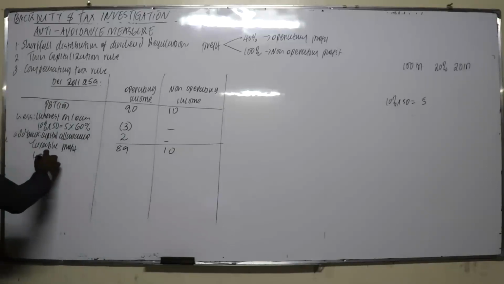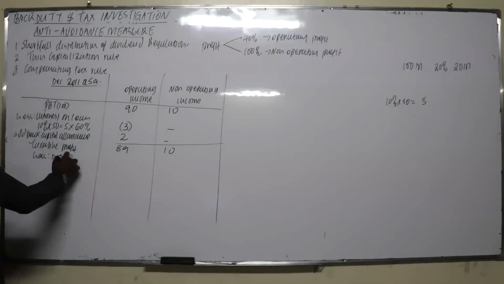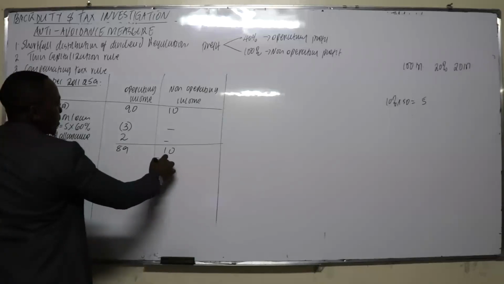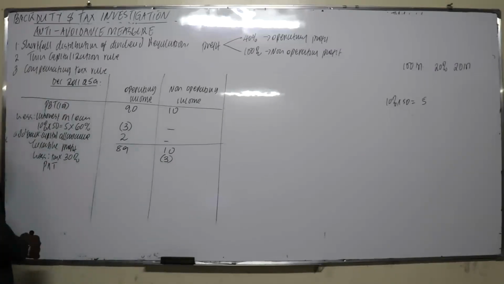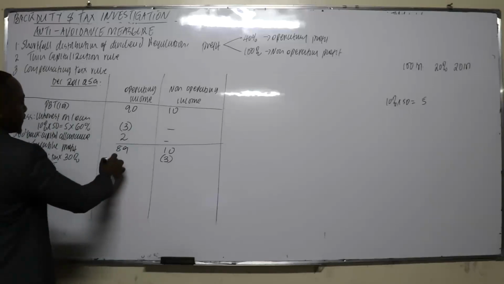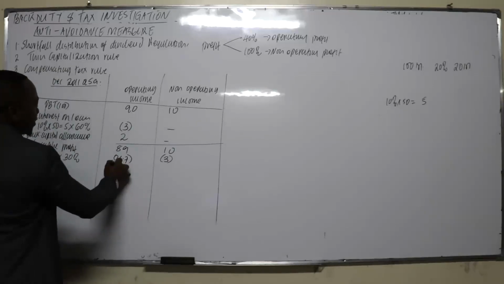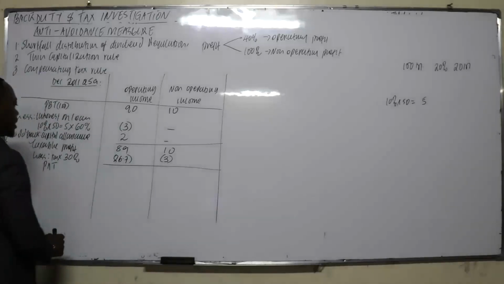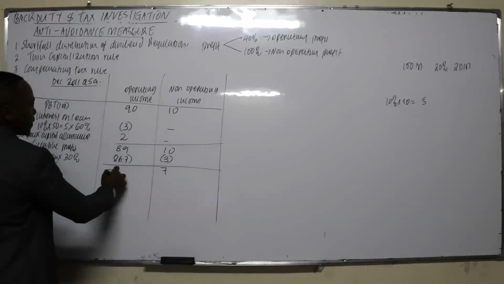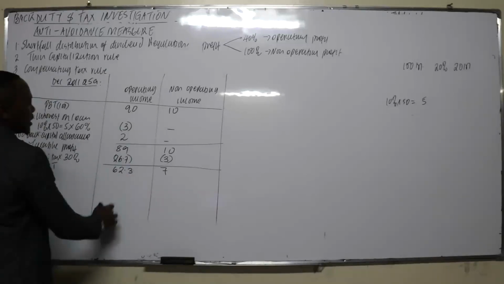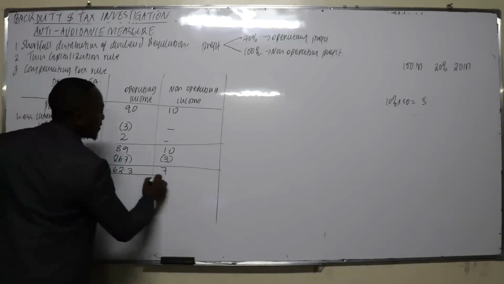Then you raise tax at the rate of 30%. Here you get 26.7. So how much will be the profit after tax? 62. So that's the profit after tax.